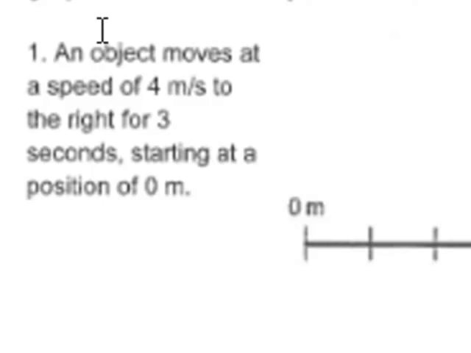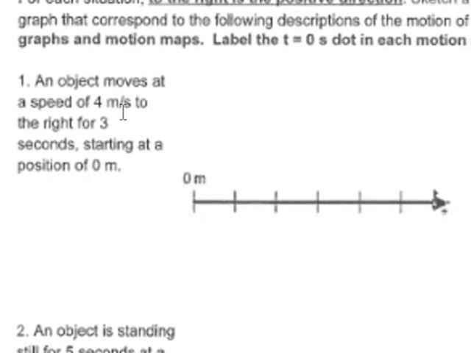Number 1, an object moves at a speed of 4 meters per second to the right for 3 seconds, starting at a position of 0 meters. Let's see how far we're going to move. I'm going 4 meters per second for 3 seconds. My displacement, delta x, remember that from the reading, is going to be 12 meters.